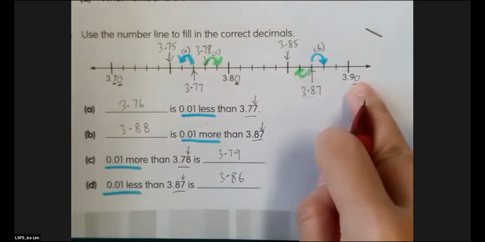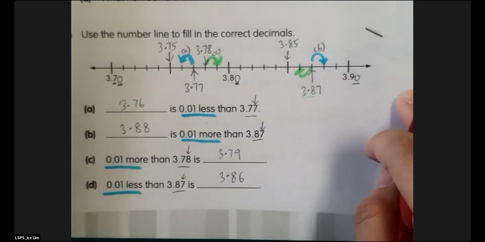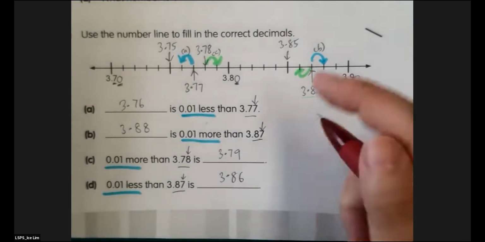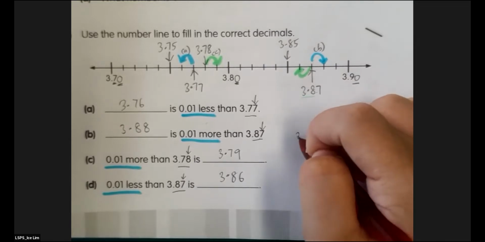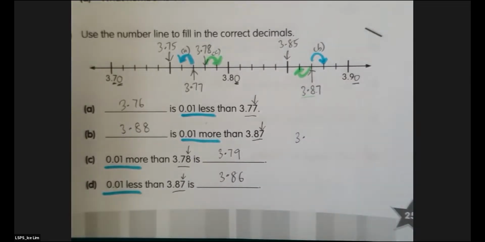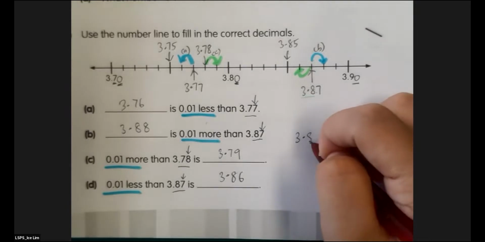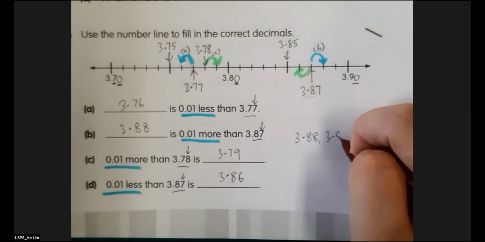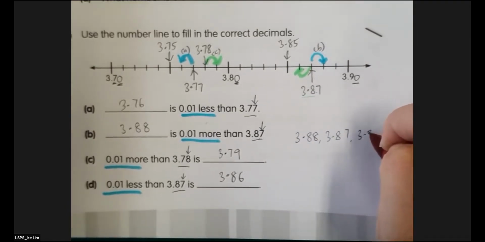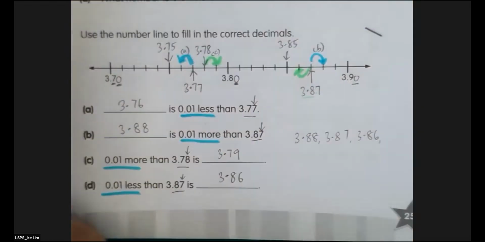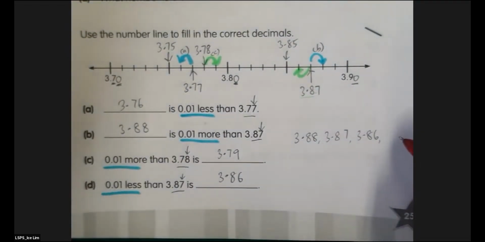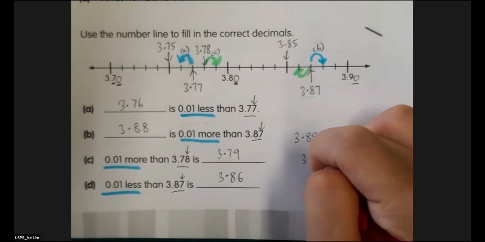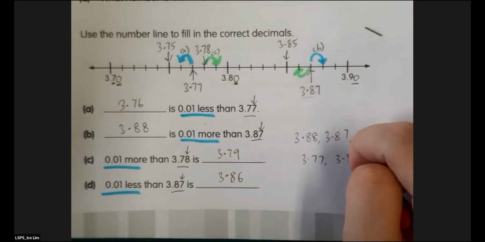If I arrange all the numbers here in decreasing order, I actually get 3.88, 3.87, 3.86, 3.79, 3.78, 3.77, 3.76.